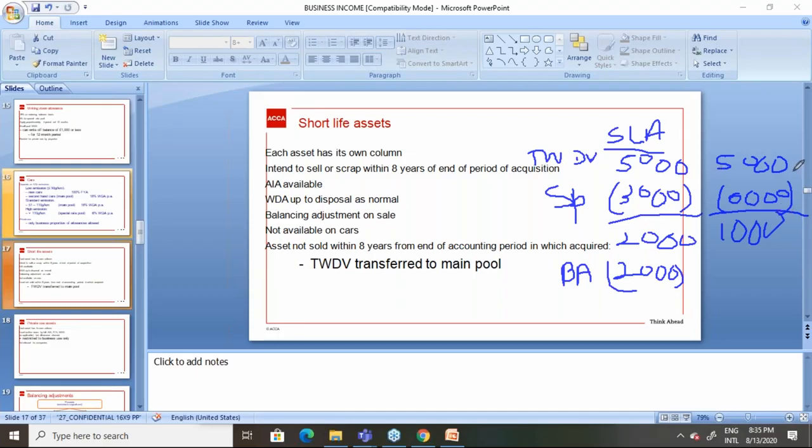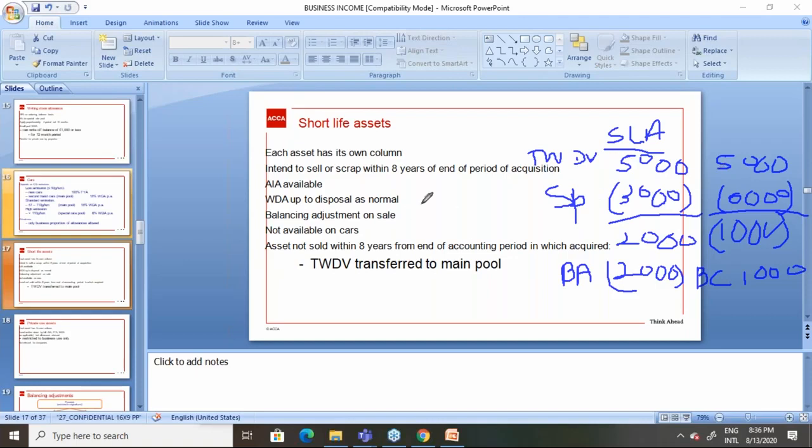The maximum you should be able to claim should be restricted to 5,000. However, you have been able to sell the asset for more than 5,000, which indicates you have claimed capital allowances more than you are required to claim. So this is what we call a balancing charge, where your capital allowances will reduce. Okay, so a balancing charge is not favorable to the taxpayer.